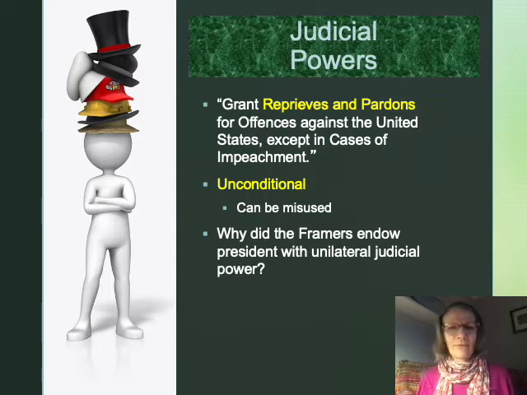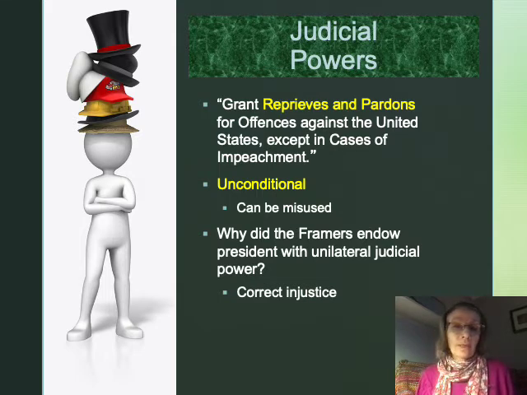So why the heck did the framers, who were so concerned about unilateral power and the abuse of power, endow the president with these unilateral judicial powers? Well, one reason they gave is because they felt that sometimes injustices do happen, and that power can be abused when the Congress passes laws. They could be unjust laws.